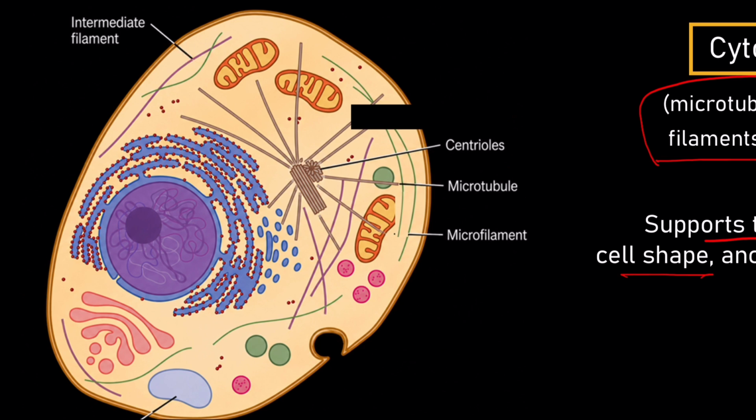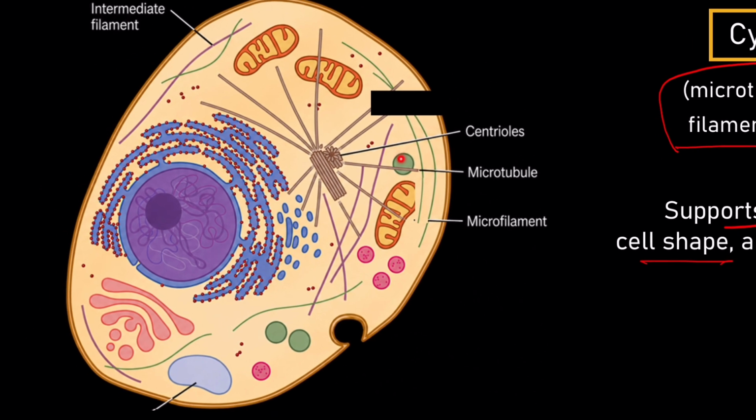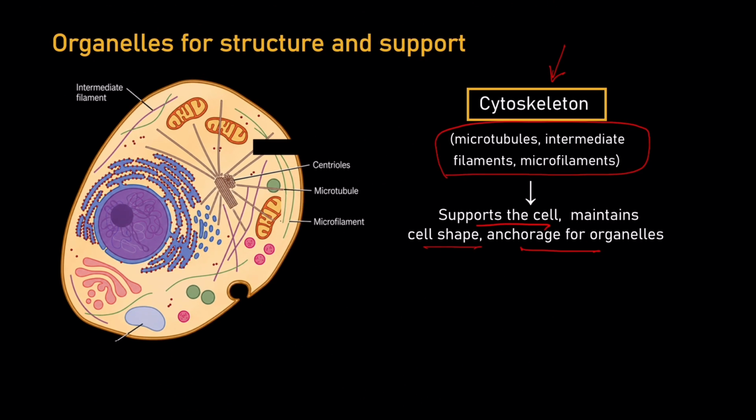Microtubules here are the thickest of the three. Microfilaments, on the other hand, are actin filaments and they are the thinnest. And intermediate filaments, as the name suggests, have a diameter that ranges between the two. So this is what the cytoskeleton is made of. It's a network of tubules and filaments.